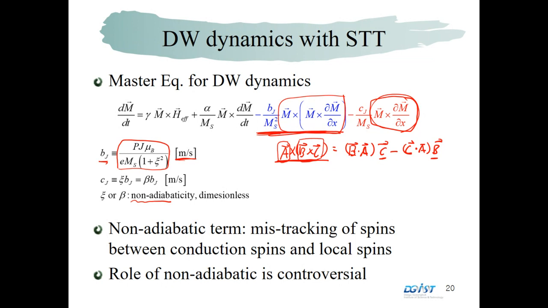It's the same. So here, this torque is perpendicular to the M and M cross the derivative of the M. So we should find some direction perpendicular to these vectors, and it should be this one.